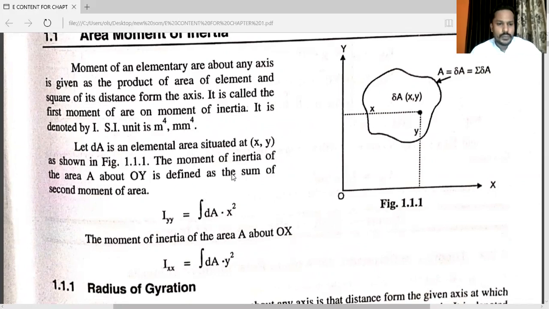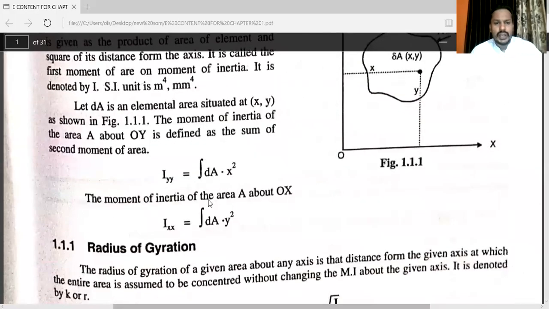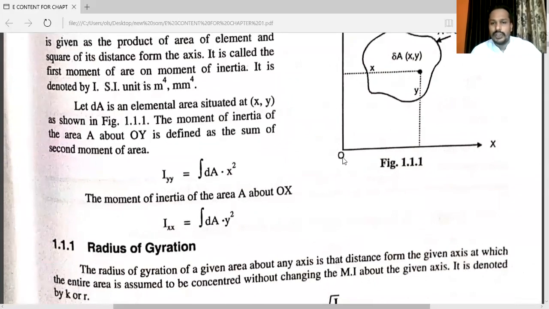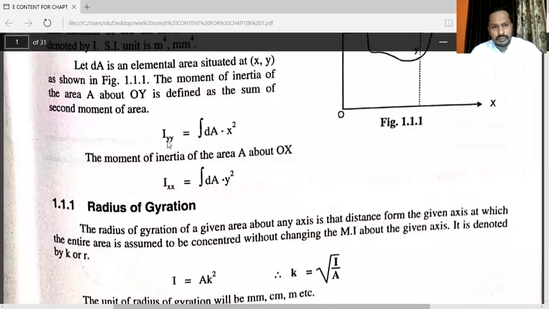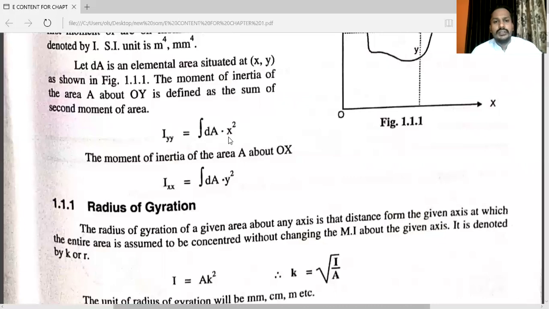See, the area moment of inertia of the area A about OX means about this horizontal axis. Again, according to the definition, Ixx is equal to integration of dA into y square. See, you can observe that whenever there is a moment of inertia about YY, here x square. Whenever you are taking Ixx, here we are taking distance y square.